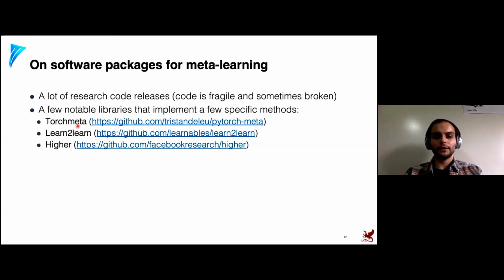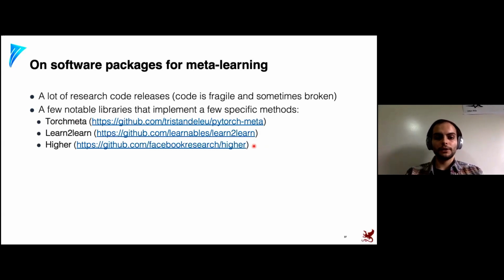So you can go and look them up. You can easily run them and benchmark existing methods on existing benchmarks. The Higher library actually came out a bit later after these 2, and it provides you lower-level building blocks that you can reuse for gradient-based meta learning.